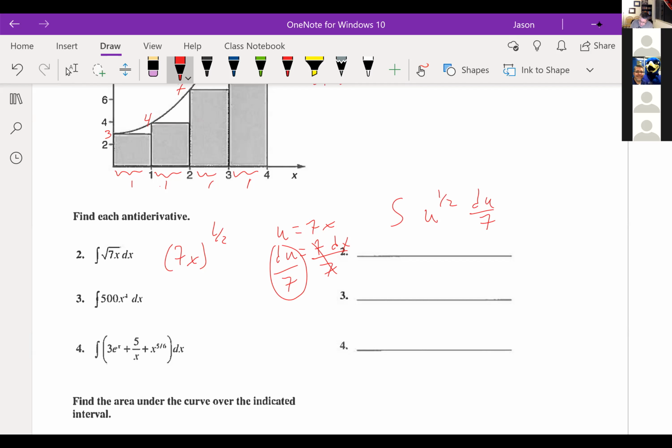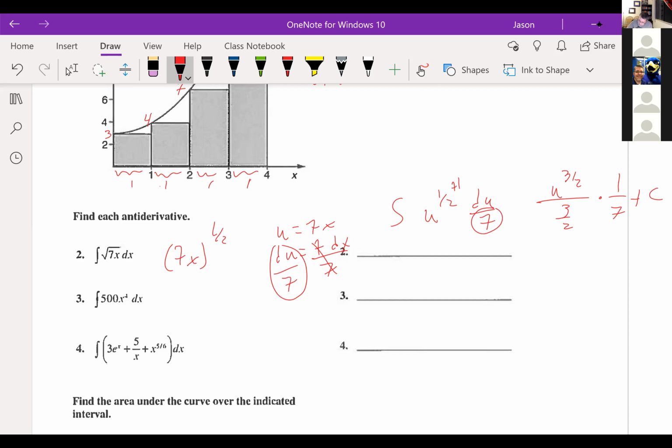Okay, u to the 1/2, add 1 to that. Well, that's 1 and 1/2, which is 3/2. So this is u to the 3/2 over 3/2 times du, where we integrated. So it's just times 1 over 7. Don't forget this 1/7 on the bottom, plus c.